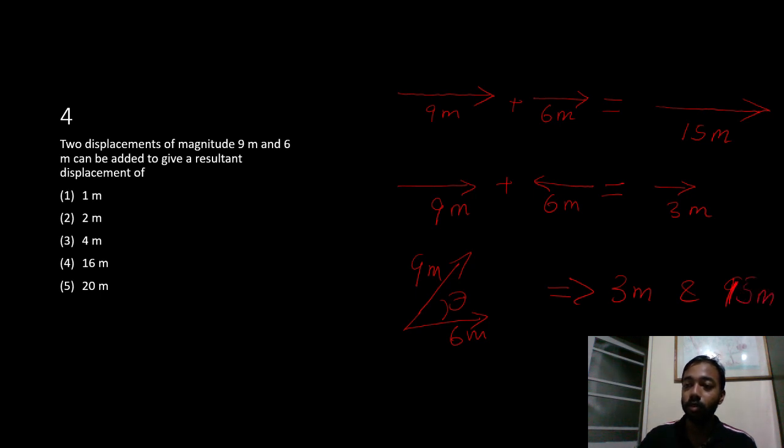So the maximum sum will be 15 and the minimum sum will be 3 meters. Out of the answers, the only answer which satisfies this is answer number 3, which is 4 meters.